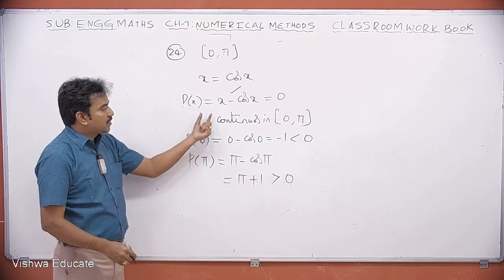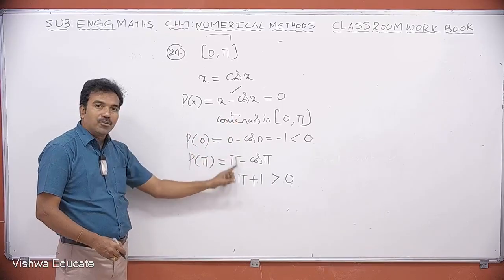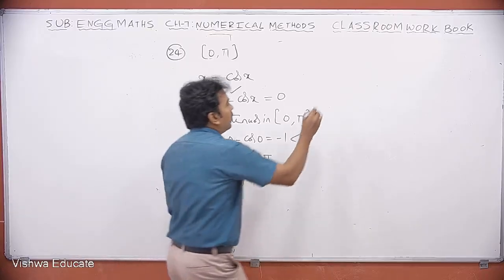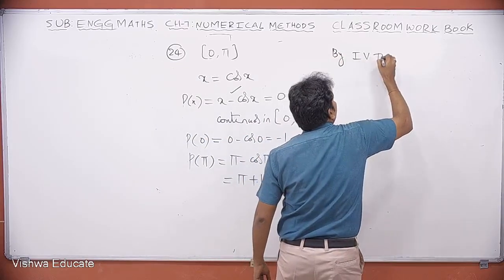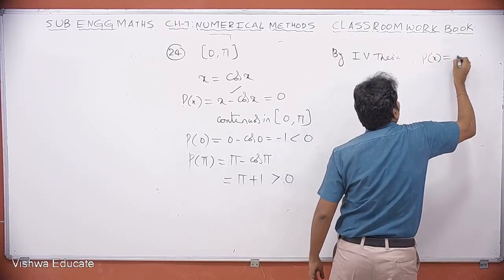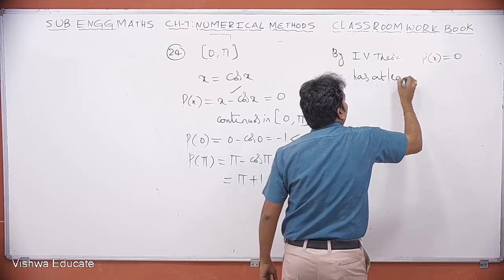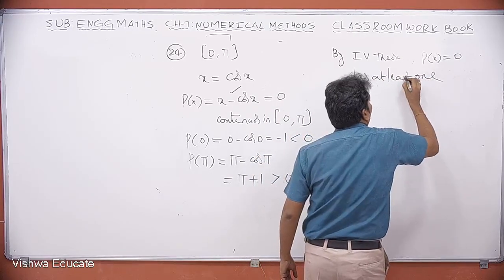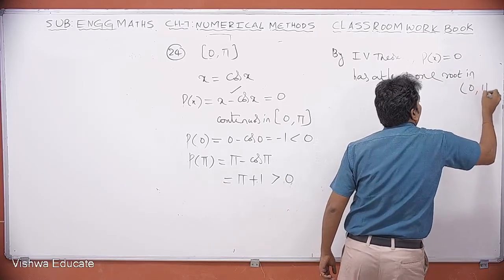So the function is continuous in closed interval 0, pi, and the function takes opposite signs at the endpoints. Therefore, by intermediate value theorem, P of x equal to 0 has at least one root in open interval 0, pi.